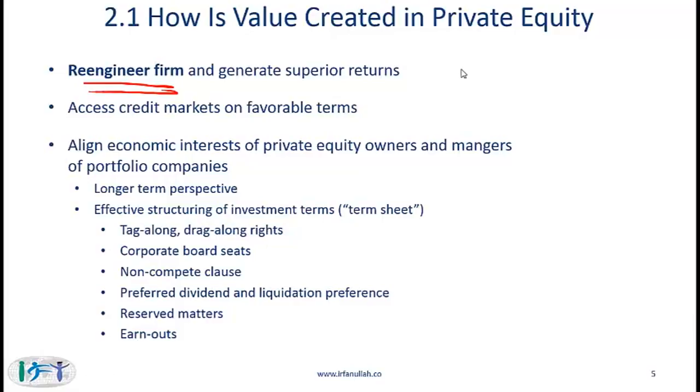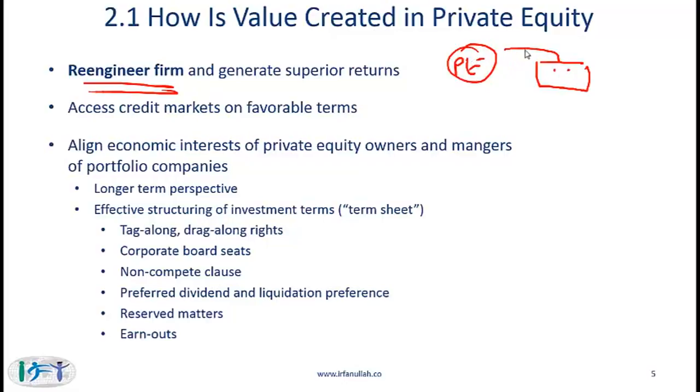The classic scenario is this. Let's say that you have a private equity firm that specializes in a given industry. So this private equity firm makes investments in established companies in that industry where these companies are struggling. Let's say that the corporate governance might be weak. Let's say that the management is not running the company efficiently and so on.